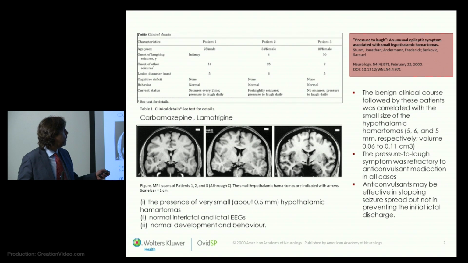We don't know why, but there's a speculation that there is the presence of a very small hypothalamic hamartoma, but we know also that there are patients with a very small hypothalamic hamartoma that have more severe epilepsy. Also there is a normal interictal and ictal EEG, and all three patients presented with normal development and behavior.